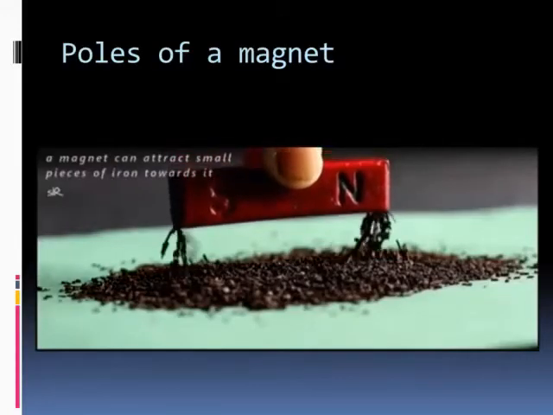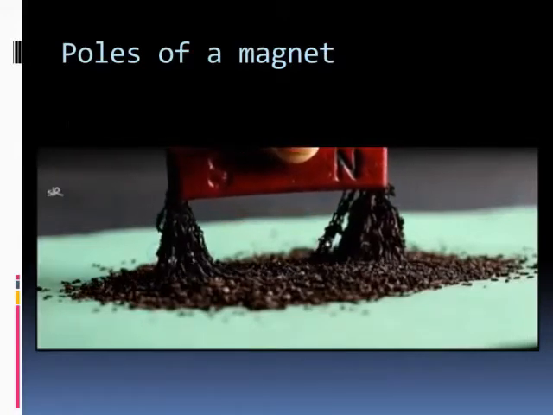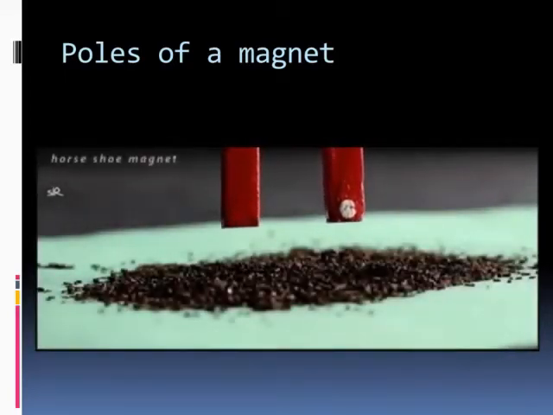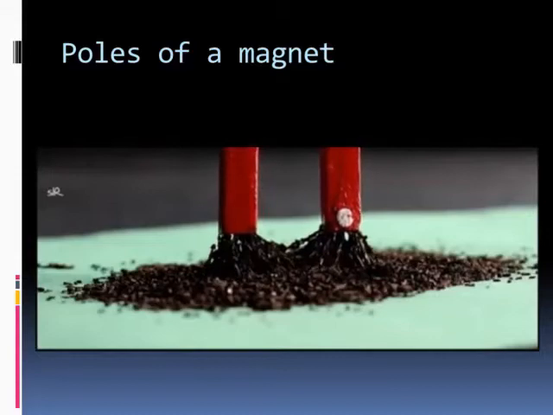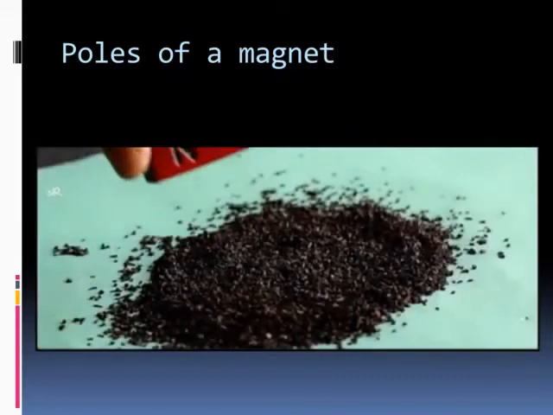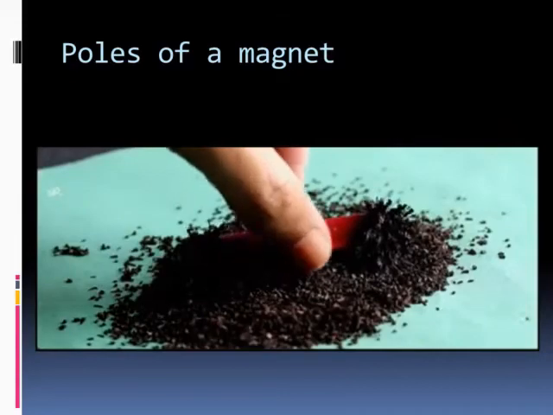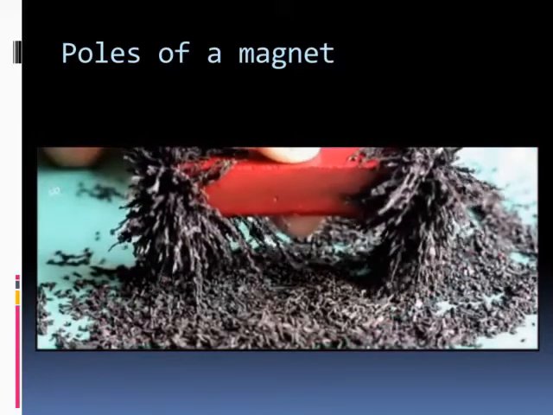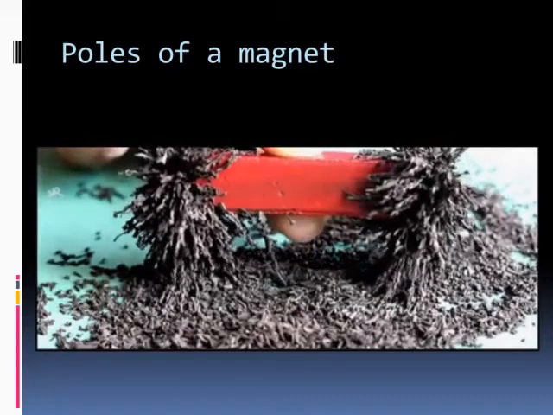Poles of a magnet. Watch this video to identify poles of a magnet. Dip the magnet in the heap of iron filings. You can observe iron filings are thickly attracted to two regions in the magnet.